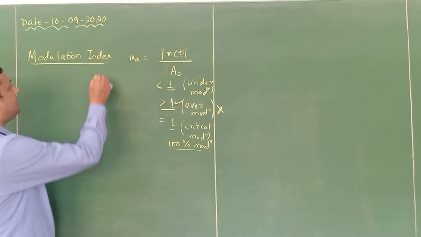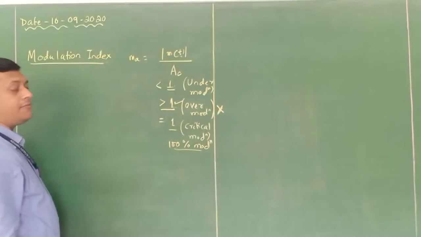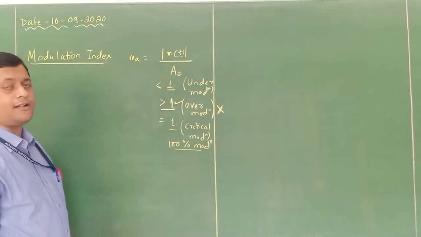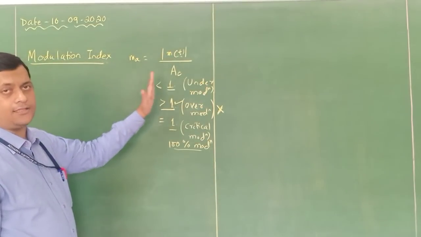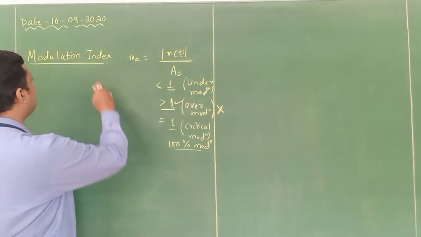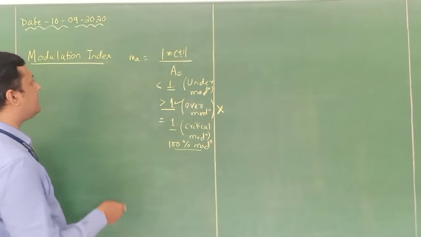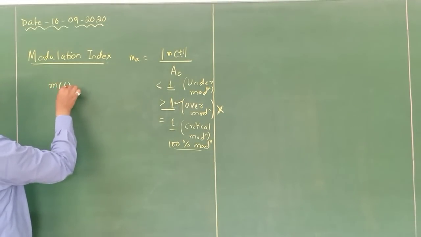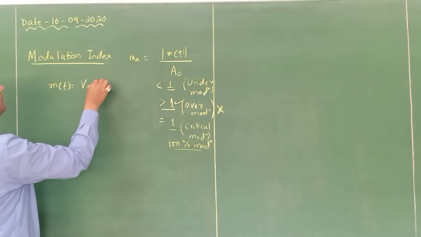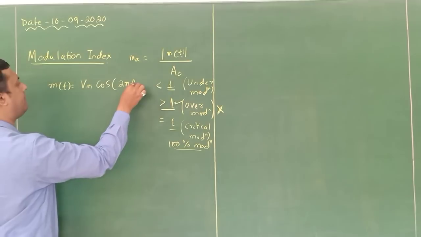Now, this modulation index is an important factor while transmitting a modulated signal from one end to the other. Now how are we going to represent the modulation index? Let us consider m of t. m of t is equal to Vm cos of 2 pi Fm t.